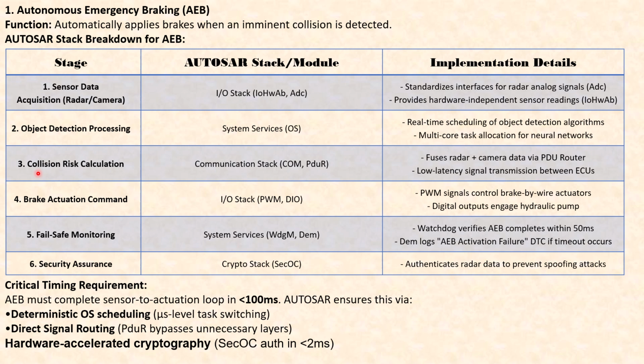It is the communication stack, both the COM stack and the PDU router stack. And what does it implement? It fuses radar and camera data via the PDU router and low latency signal transmission between ECUs.